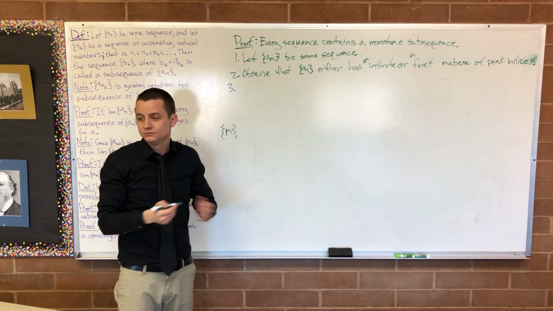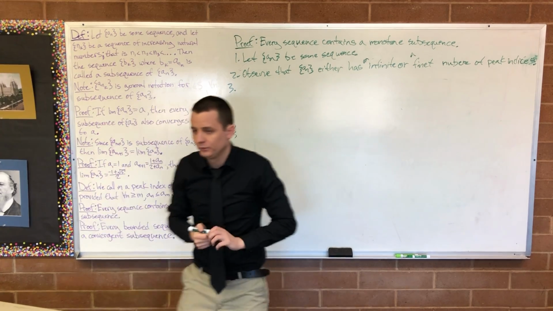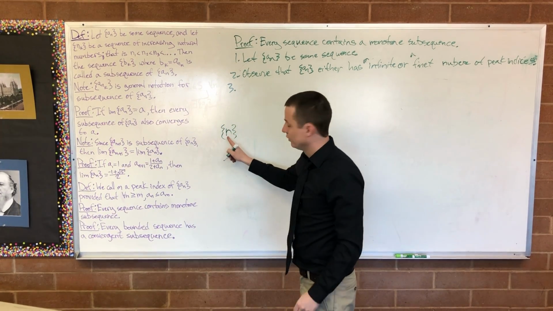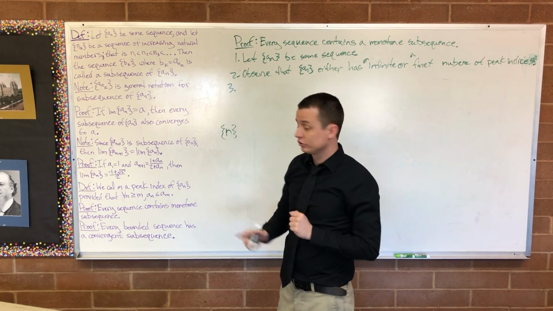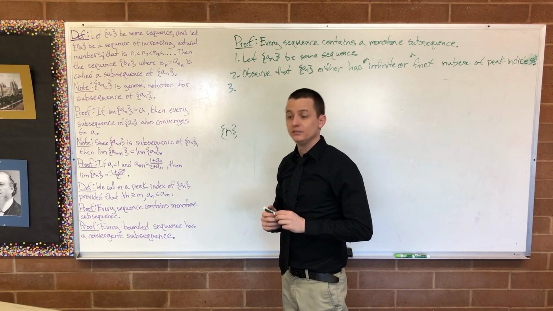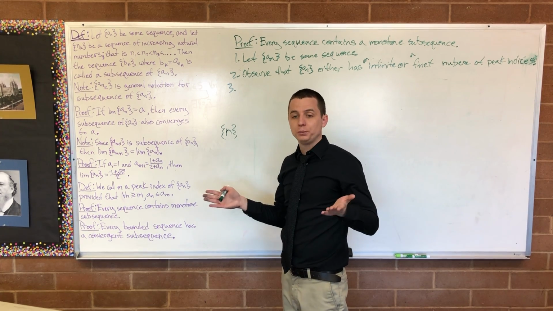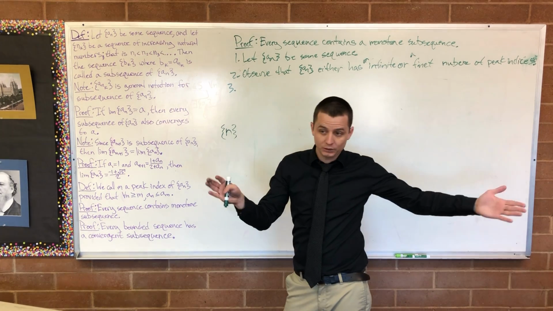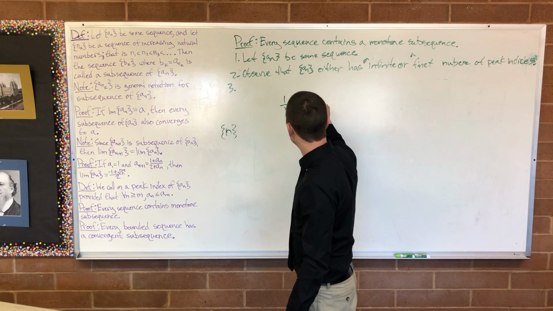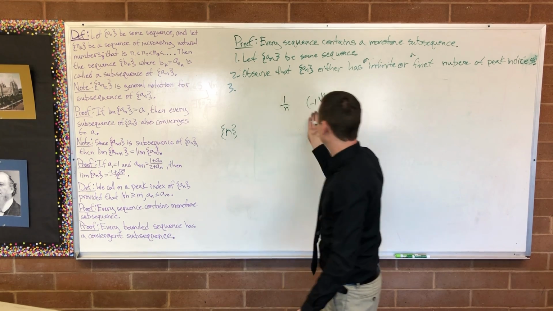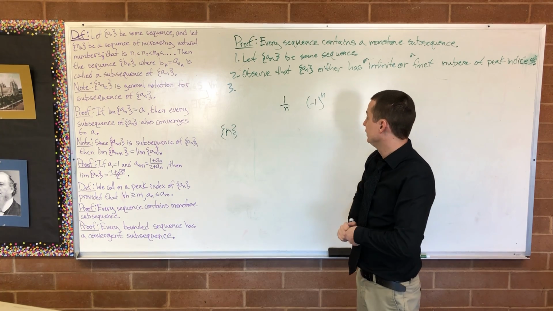Wait, what do you mean? 1, 2, 3, 4, 5, 6, 7, 8. That doesn't have any peak indices, so it has 0, which is a finite number. So I'm saying any sequence you pick either has infinitely many peak indices, like 1 over n or -1 to the n, both of which have infinitely many peak indices, or it has finitely many peak indices.